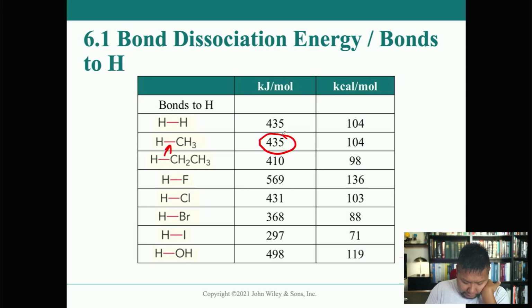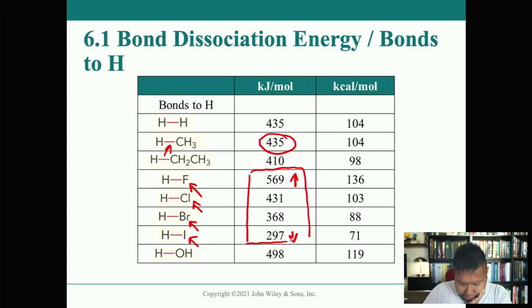You have some hydrogens, like these acids right here: hydrogen fluoride, hydrogen chloride, hydrogen bromide, hydrogen iodide, right? You can see a trend here where the fluoride, which is the most electronegative, requires the most, whereas the iodide, which is the least electronegative, requires the least amount of bond dissociation energy, just in these trends right here. Okay.